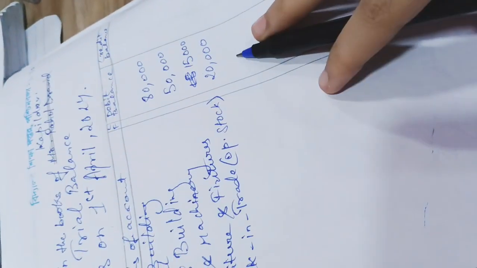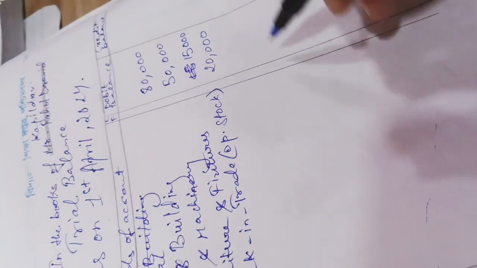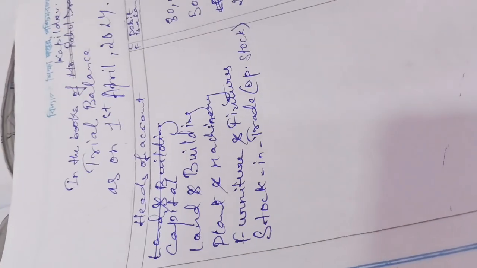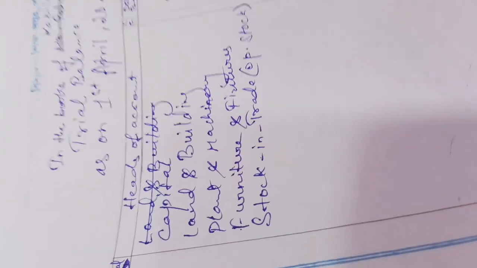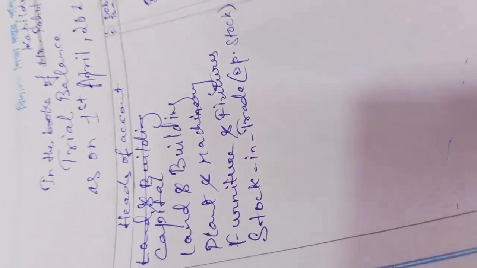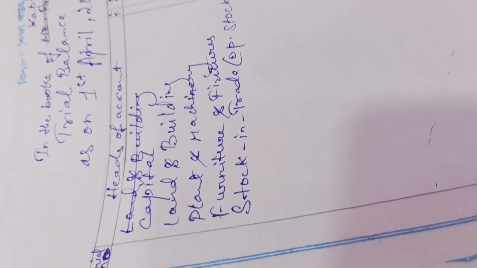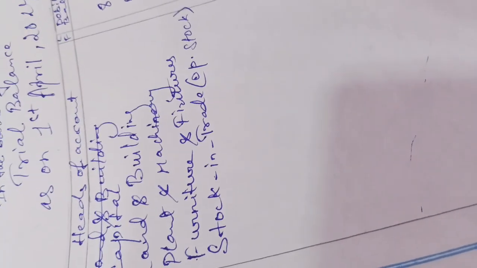We will write it on debit side. What about closing stock? We will not write closing stock. Why will we not write closing stock? Because closing stock is already given in purchase and opening stock. I will make a separate video about it.